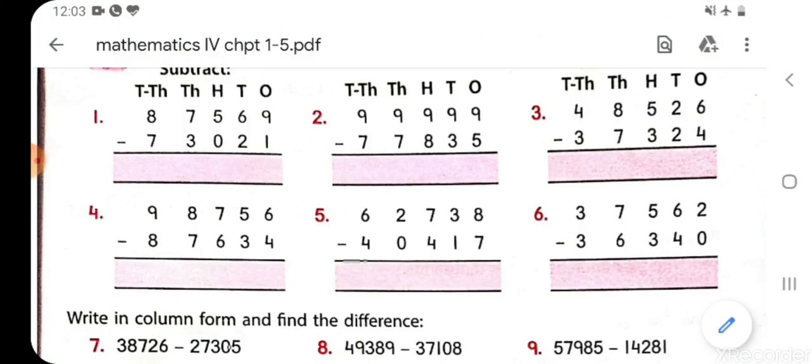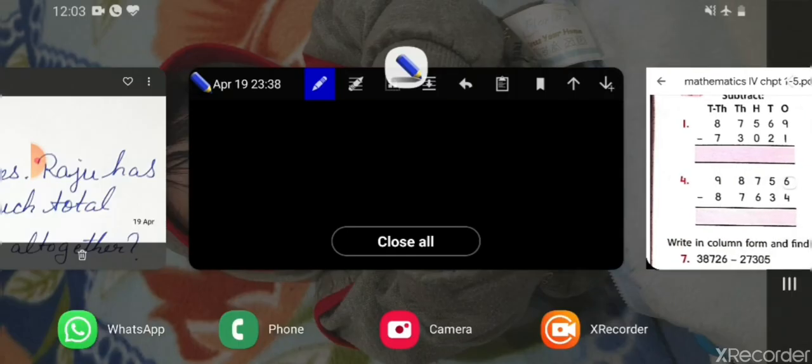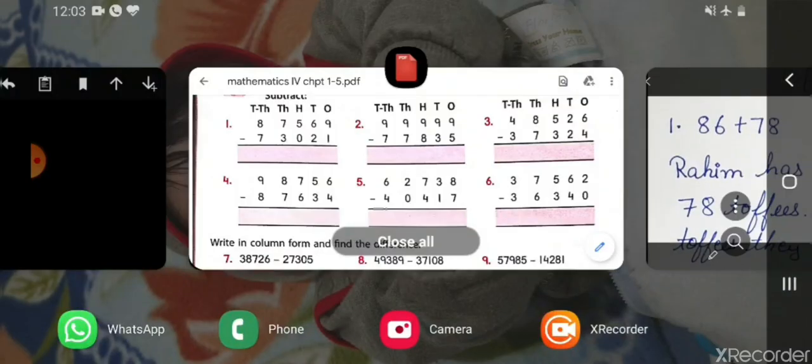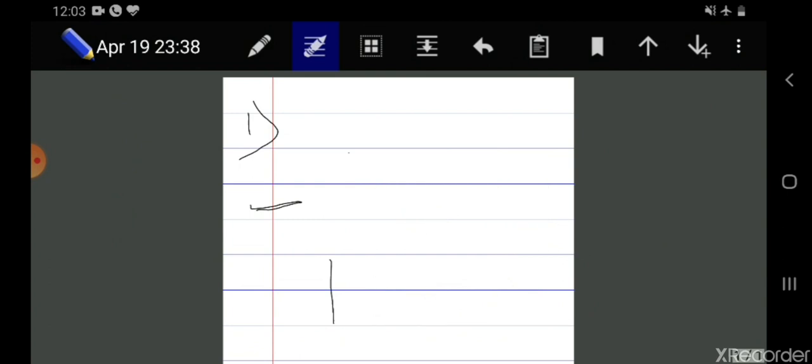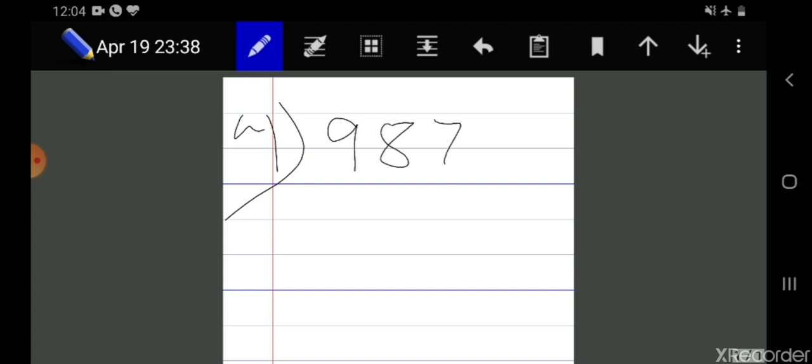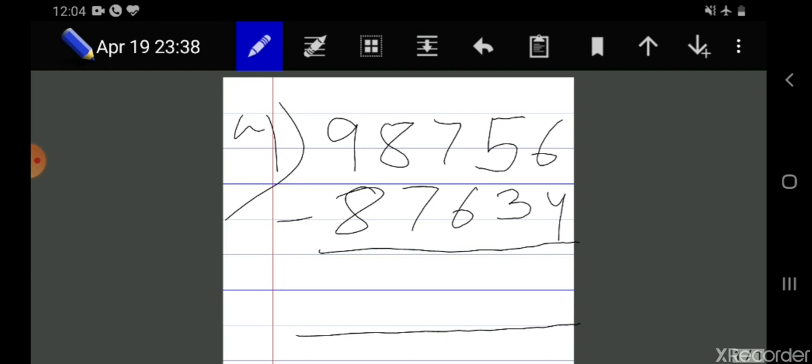Up to question number 6, you have to simply do it in your book for practice. I'll show you one more question from these, question number 4: 98,756 minus 87,634. 6 minus 4, 2; 5 minus 3, 2; 7 minus 6, 1; 8 minus 7, 1; 9 minus 8, 1.